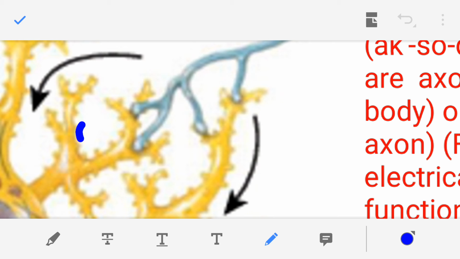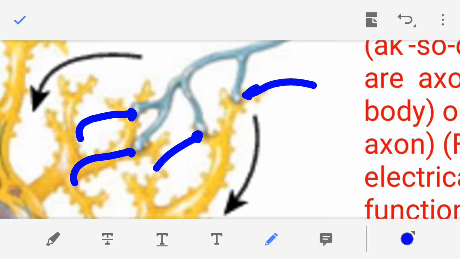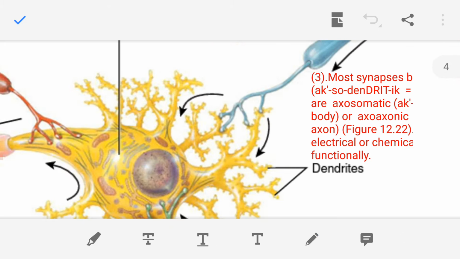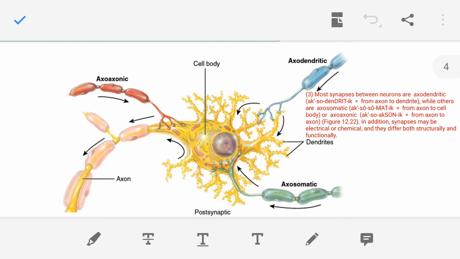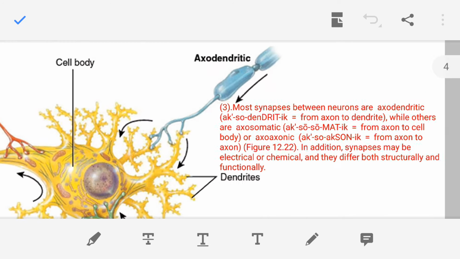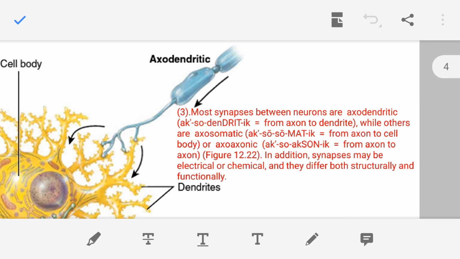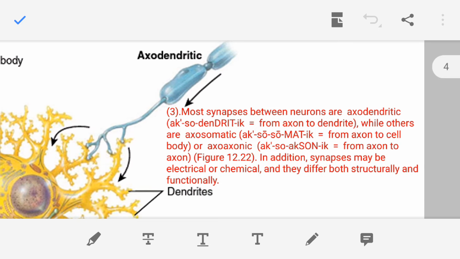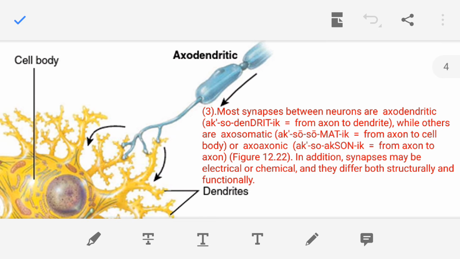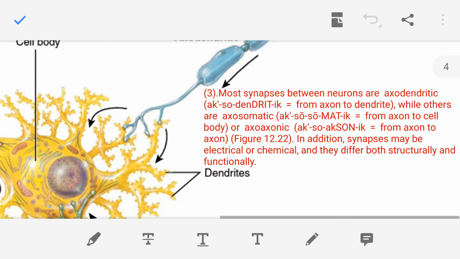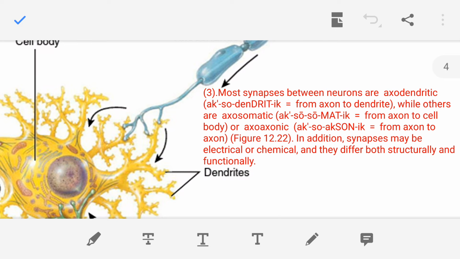And these are all synapses. So these synapses are known as exodendritic synapse, which is present between the synaptic end bulb of the presynaptic neuron and the dendrite of the postsynaptic neuron.